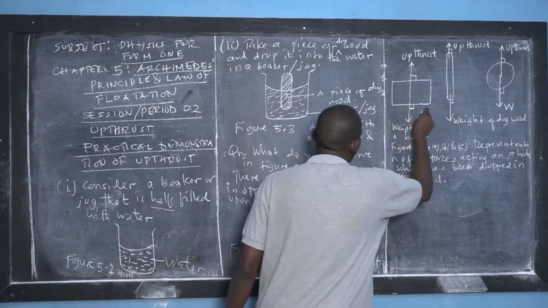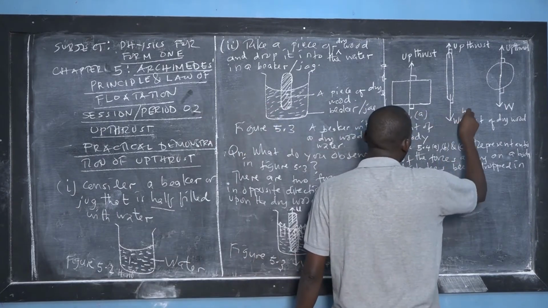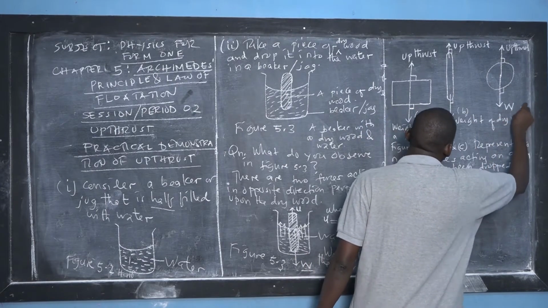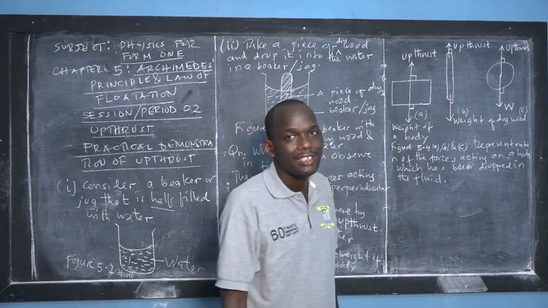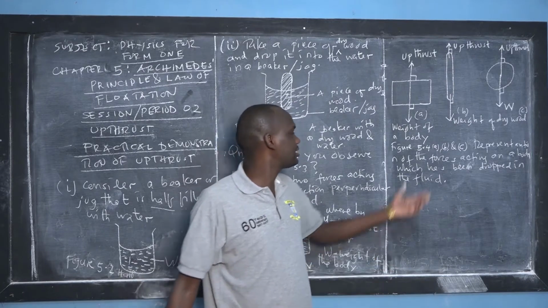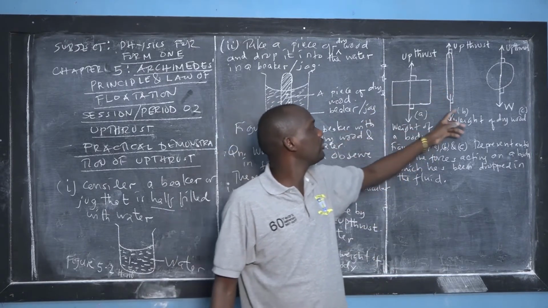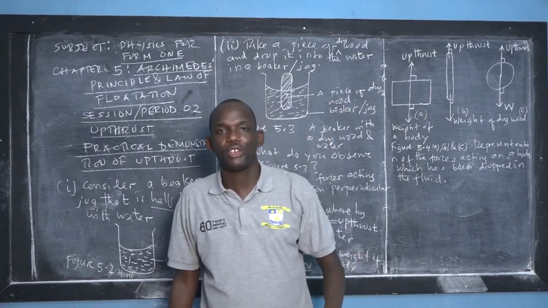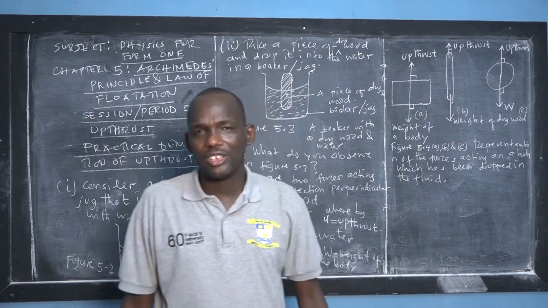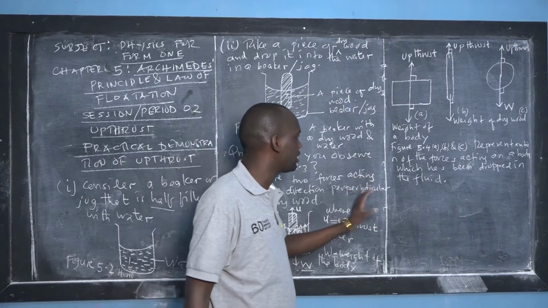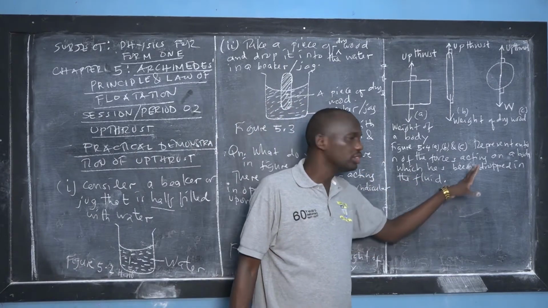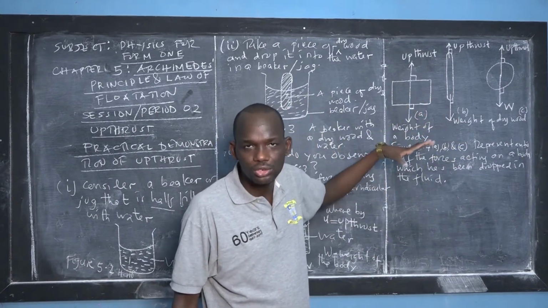Here, suppose that this is figure A, this is figure B, this is figure C. So don't be limited that maybe this happens only to the rod structure. It can be a rectangle, it can be circular, it can be spherical bodies, it can even sometimes be in the form of a cylinder and so forth.